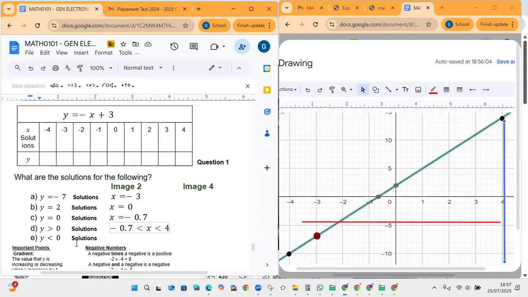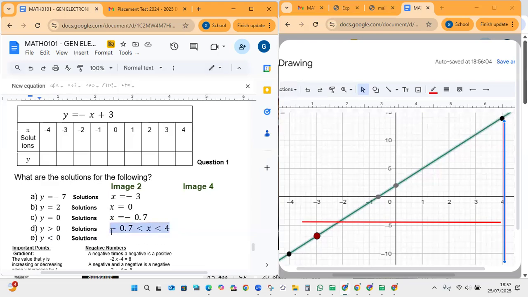Now, where is y negative? That's where the graph is below the x-axis, which is around here. And this is from negative 0.7 to negative 4. All these are negative values of y. You see, that's where y is negative, negative 5, negative 10. So the solution is between negative 0.7 and negative 4.